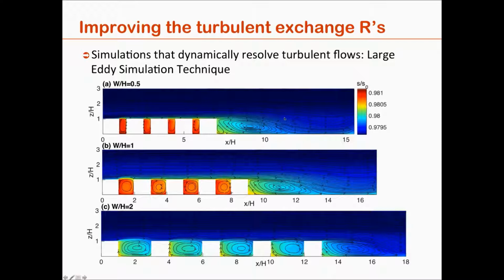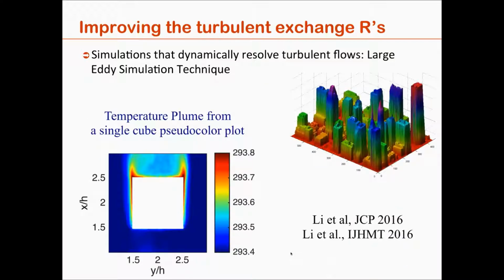You can average this in time and get the mean flow, and this is the mean flow. Again, for example, here you see if you have a very narrow cavity, the heat is trapped between the buildings and it gets very hot. If you have larger spacing between the buildings, there's more exchange and the air is cooler. So basically that has a direct impact on pedestrian comfort.